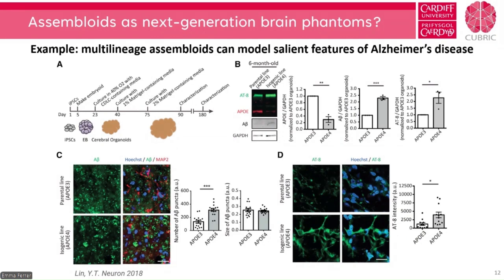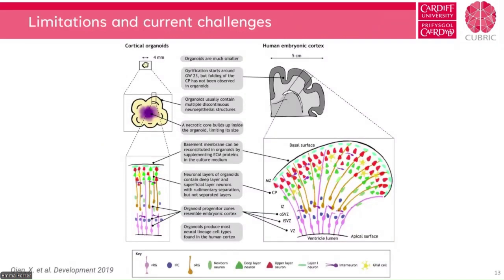And what they demonstrated using this living system is that naturally organoids with the cells carrying ApoE4 were accumulating more beta plaques in their cells, and they were expressing more tau, which are two of the hallmarks of Alzheimer's in the adult brain. So although this is a developing brain model, they showed it can replicate some aspects of disease also in adults.